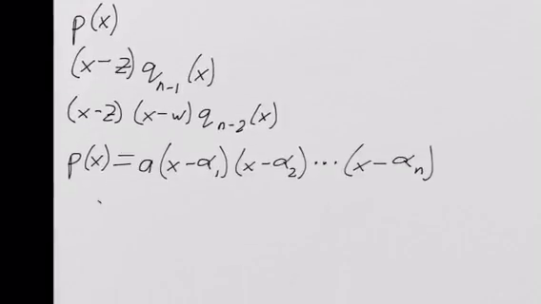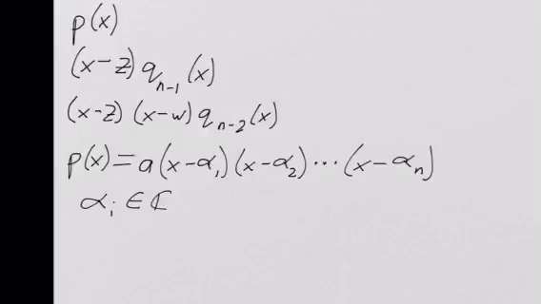And we will say alpha i is some complex number. a also is going to be some complex number, although for the stuff we'll be working at, we're usually going to assume it's a rational number.